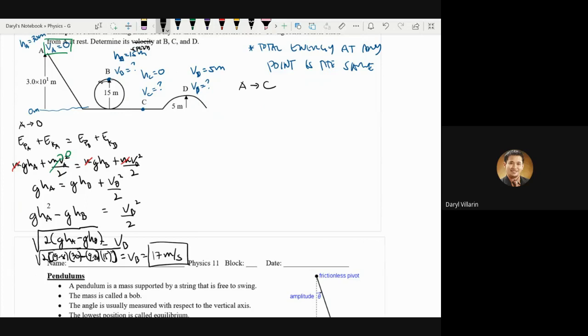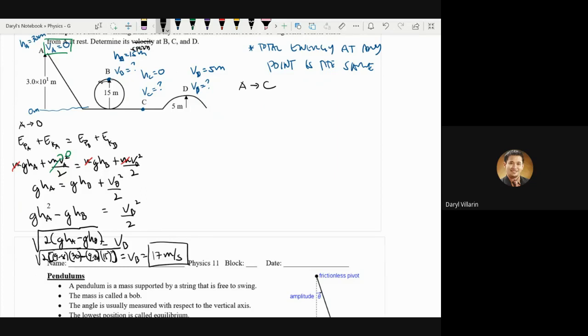However, I just use A as my starting point because I know that based on the first solution that I got here, kinetic energy at A is 0. So therefore, I can eliminate one term.